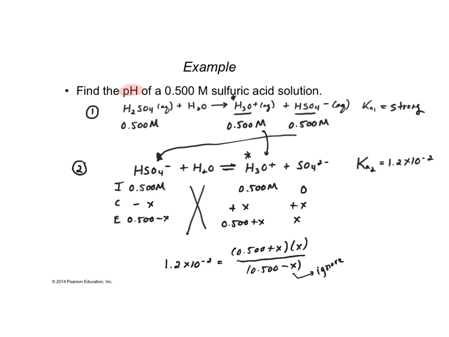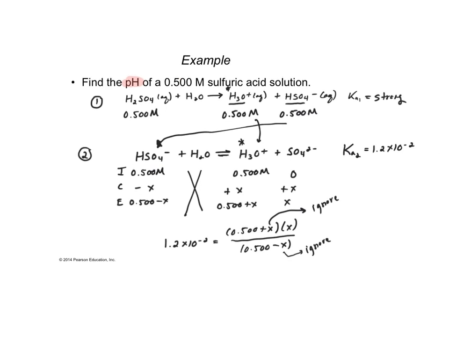Yes, right? So we ignore the term on the bottom, and we can make that exact same approximation on top. Then this simplifies down to 1.2 times 10 to the minus 2 is equal to 0.5 times x all over 0.5.